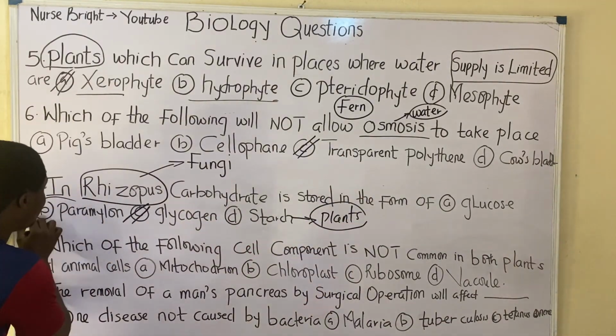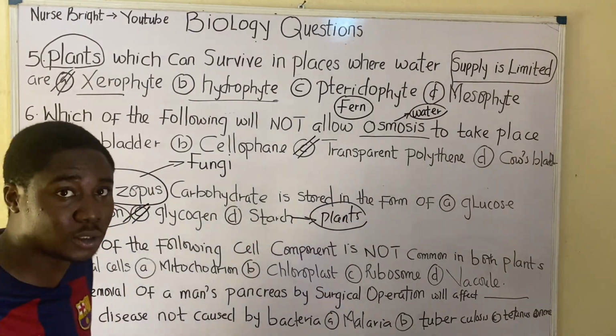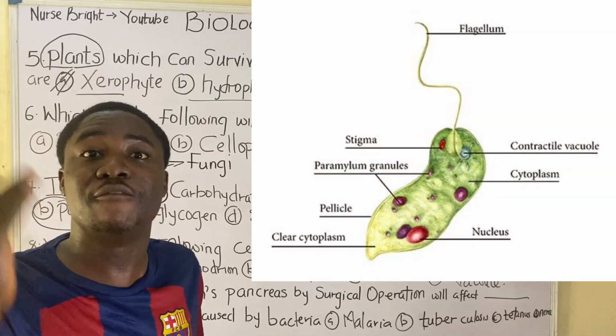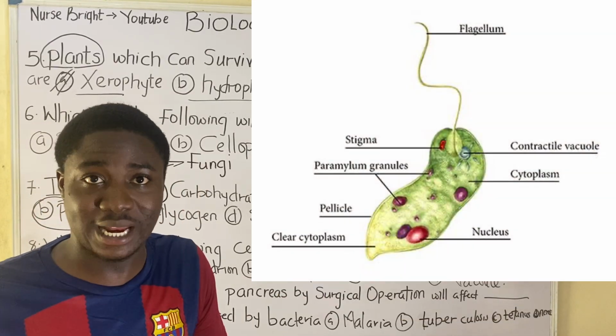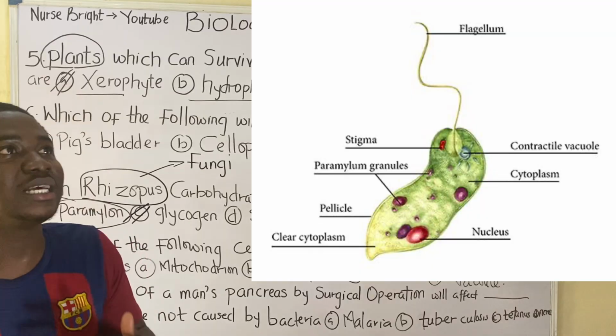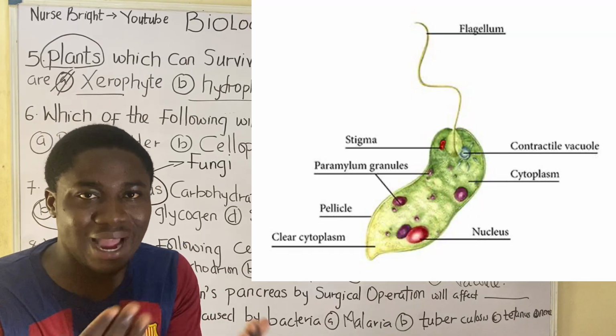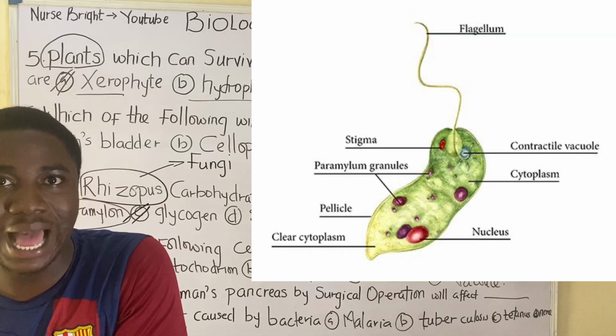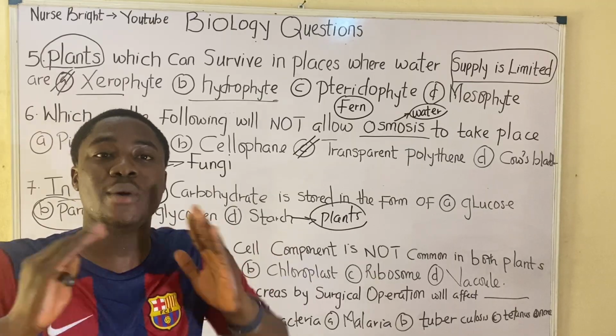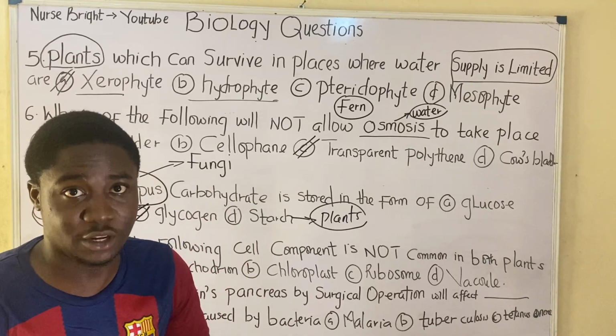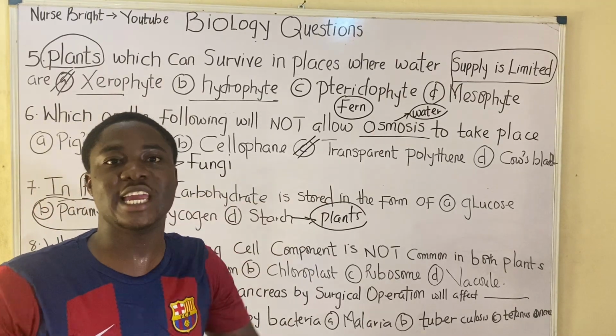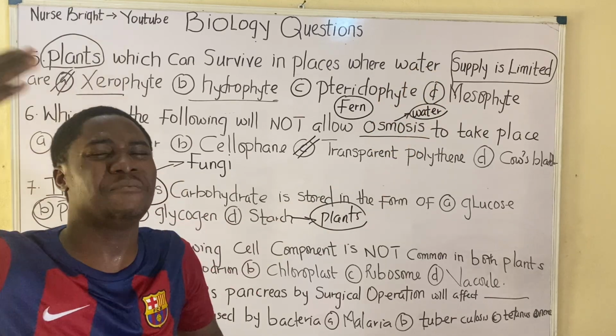What stores their food in the form of paramylon? It is called the euglena viridis. Do you understand? You know euglena now. You know euglena is a protist, or I can as well call it a protista. We have different kingdoms of classification. We have the kingdom Monera, kingdom Protista, kingdom Fungi, kingdom Plant and Animal.